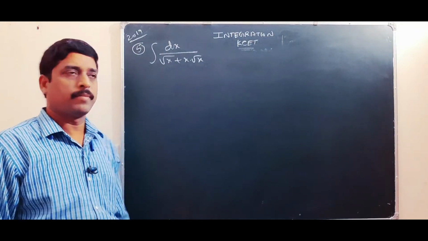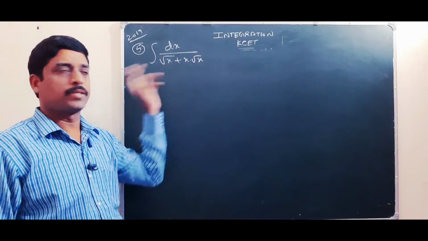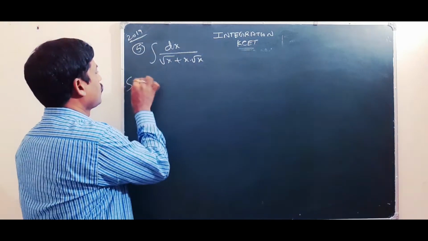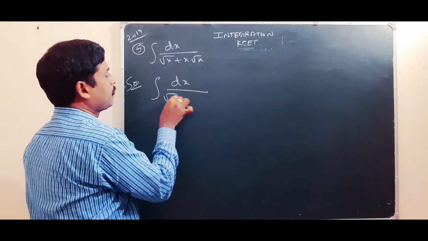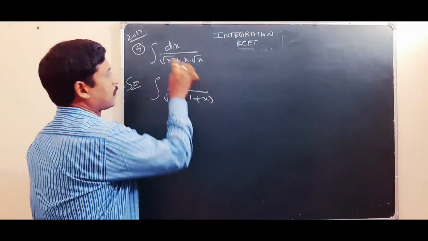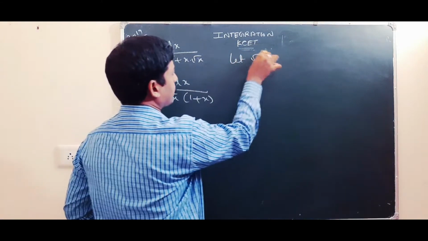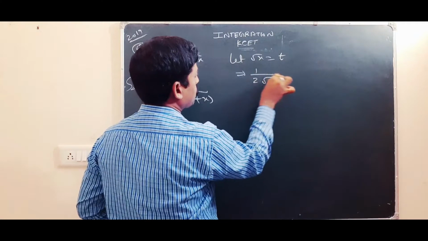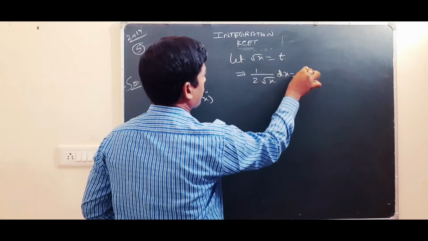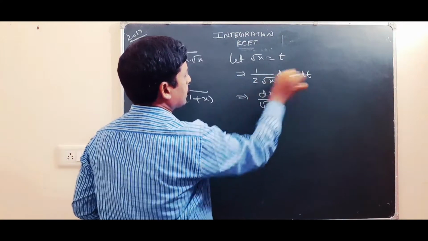Let us go to the next problem. This is from a 2019 question. Integral dx by root x plus x root x. Okay. Integral dx by, in the denominator take root x common. This is 1 plus x. Let us take root x is equal to t. Now differentiation of root x, 1 by 2 root x dx is equal to dt. Therefore dx by root x is equal to 2 dt.